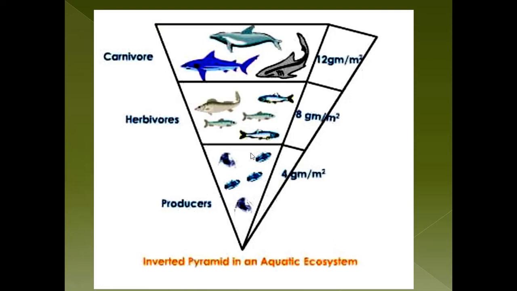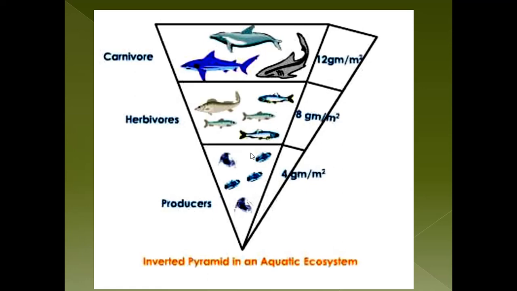Now, an inverted pyramid in an aquatic ecosystem you also find. There the producers, which are the tiny microscopic phytoplanktons, amount to just 4 gram per square meter. Then comes the next trophic level, herbivores, which are the fish feeding upon these producers, phytoplanktons. Their total dry weight or biomass is 8 grams per square meter.